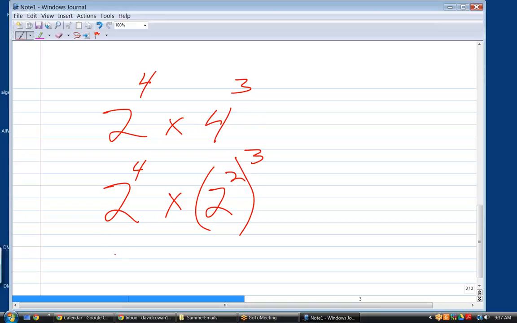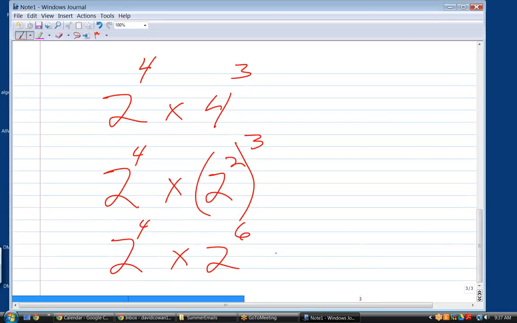Okay. So now we have 2 to the 4th times, well, I can rewrite this thing as 2 to the 6th. Now we got the same base, so I can operate on this. What's that equal to? 4 to the 10th power. I'm sorry, I couldn't hear you. 4 to the 10th power.